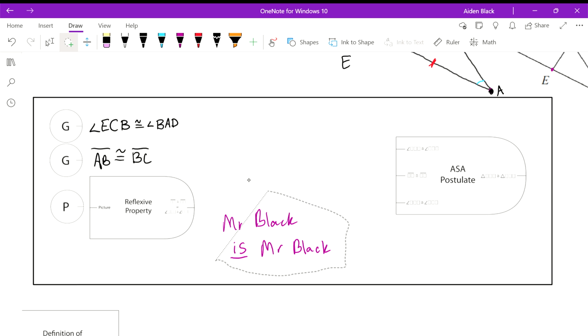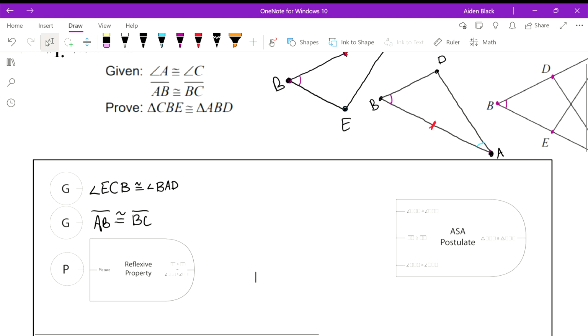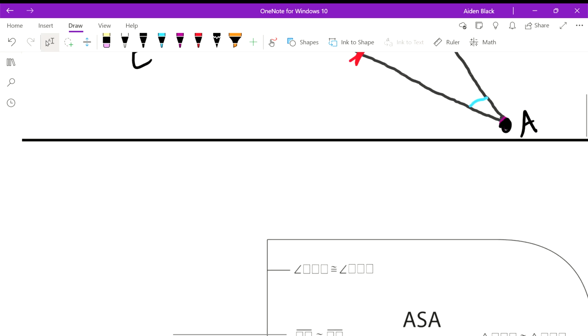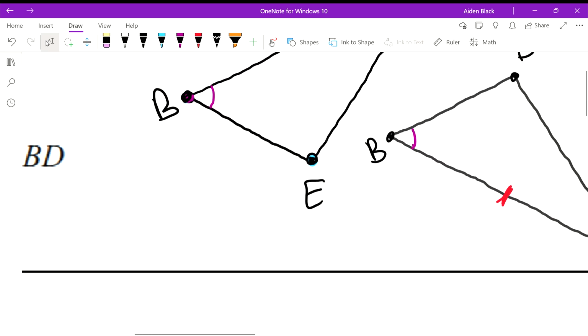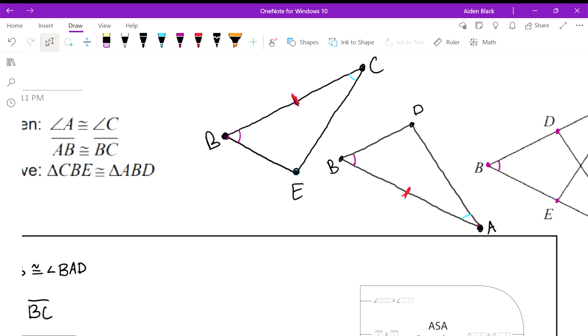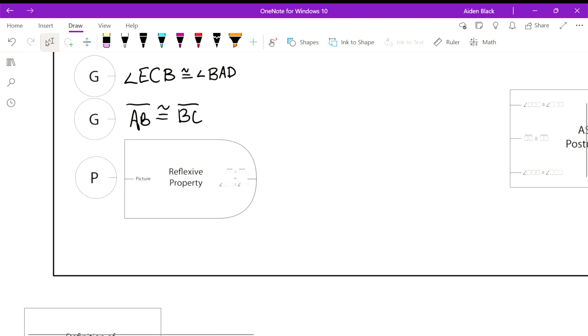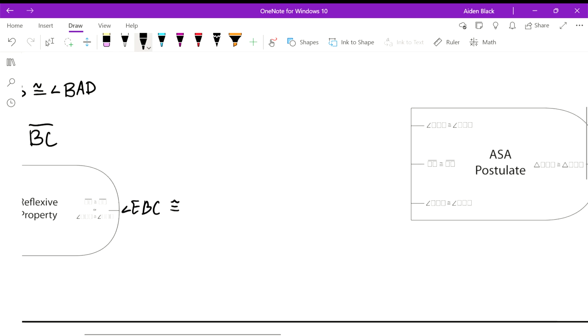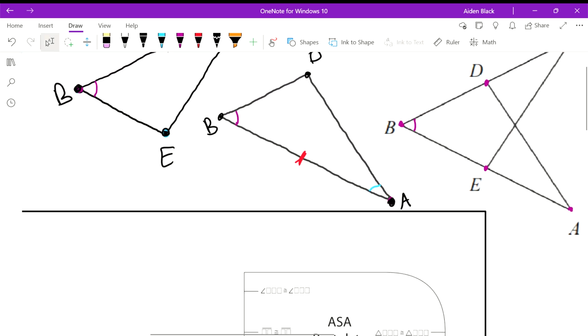So since angle B is the same as angle B, angle B is congruent to angle B. Again, though, I'm going to write this so that it follows this sort of structure so we can recognize it when we need to use it. So for this triangle here, the first one, I'll say angle EBC is congruent to angle ABD.